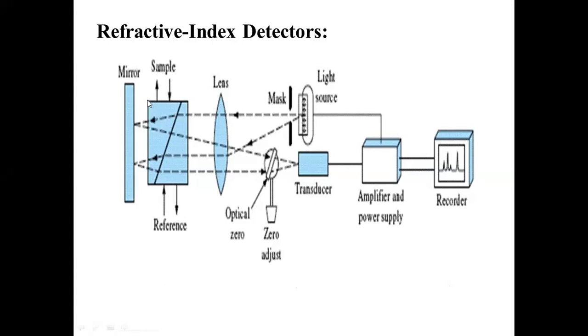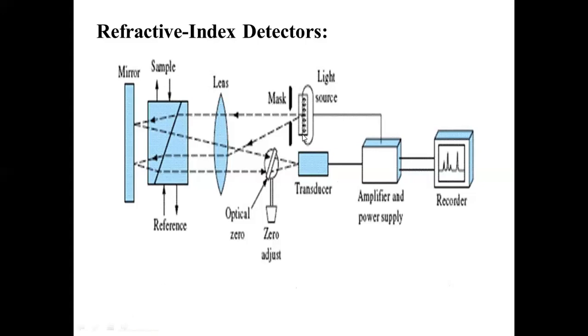A glass slab is used to divide this component into two equal halves. You take a glass slab and keep it diagonally so that the compartment is divided into two equal halves. One half is followed by the sample, and the other half is followed by only the reference. That may be the mobile phase or an internal standard, whatever it is.